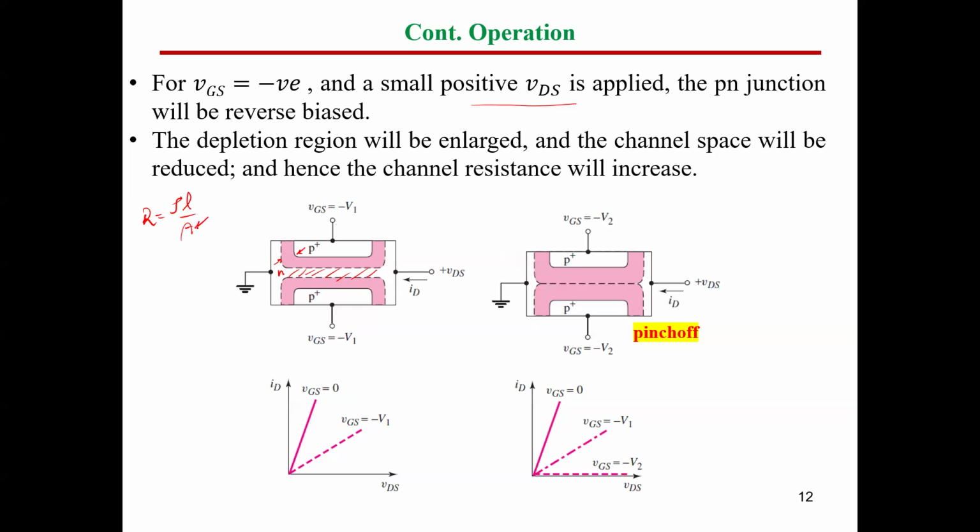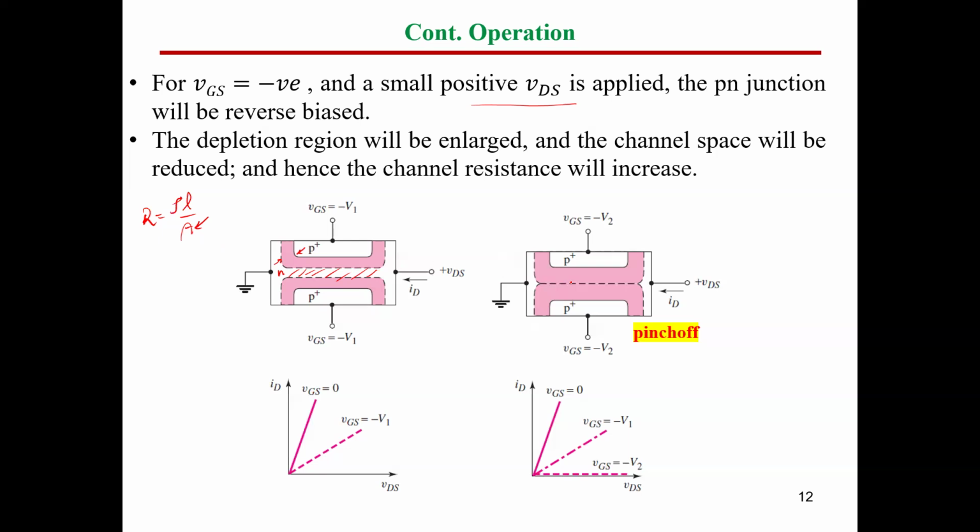Since the cross-section A depends on the width of our channel, and this A is decreasing, we expect that the resistance will increase. And increasing resistance means the current value will be decreased at the same voltage magnitude. So this makes sense to us.